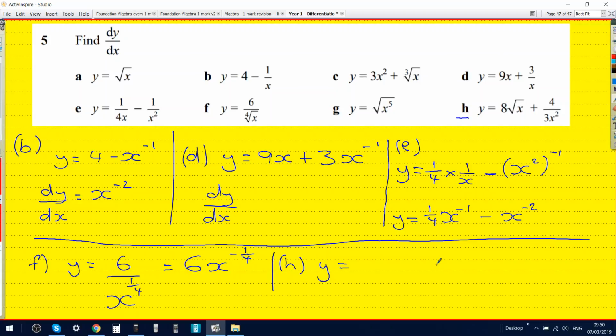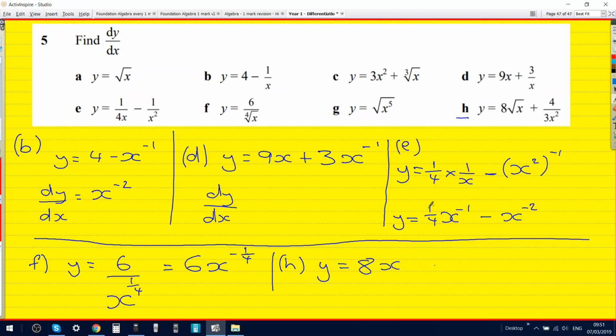And then simplified. What question are you looking at? Part A, I was looking at part B. 8 root x. X to the 1 over 8. 8x to what, sorry? I thought it was x to the 1 over 8.